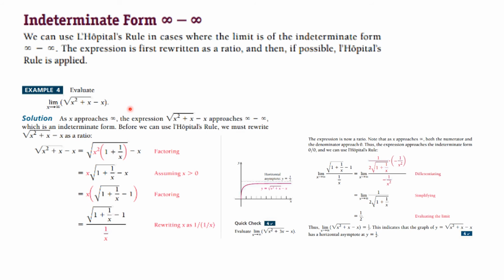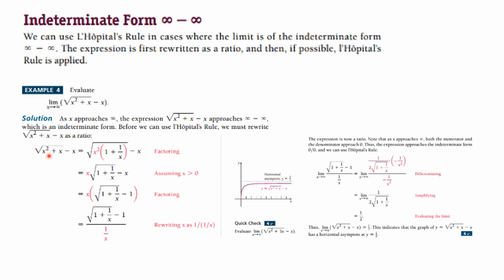So let's look at the example of the limit as x goes to infinity of the square root of x squared plus x minus x. As x tends to infinity, this expression, if we plug it in, we will get infinity minus infinity, which is an indeterminate form. So before we can use L'Hopital's rule, we must rewrite this as a ratio.